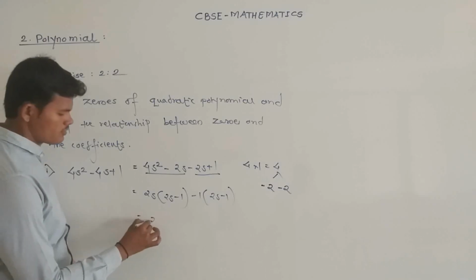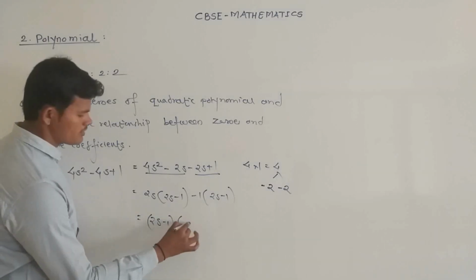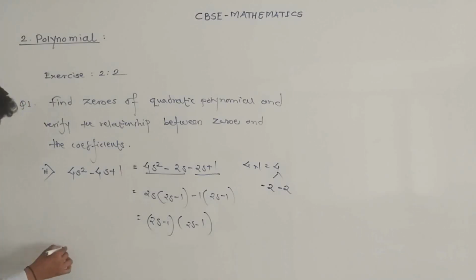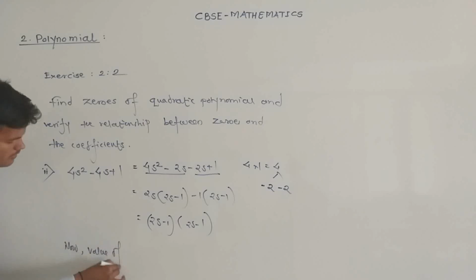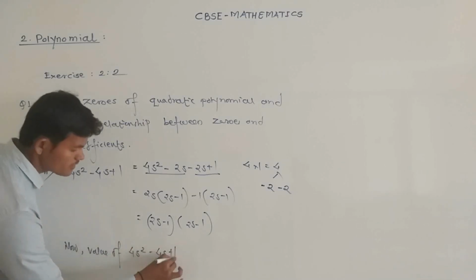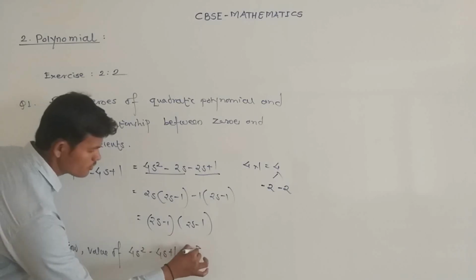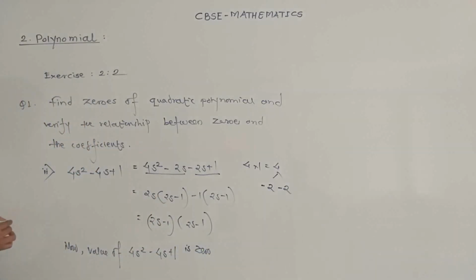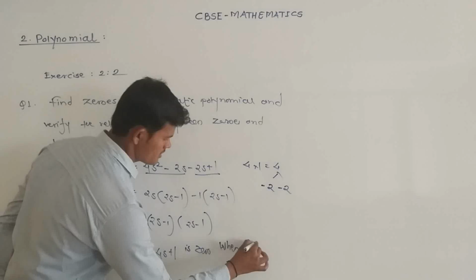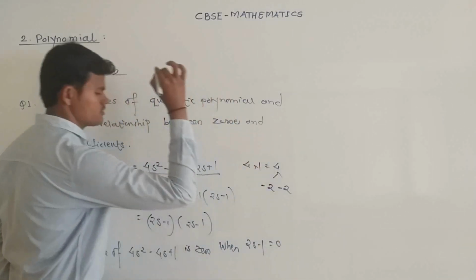So we get 2s minus 1 and 2s minus 1. Now the value of polynomial 4s square minus 4s plus 1 is 0 when 2s minus 1 is equal to 0.